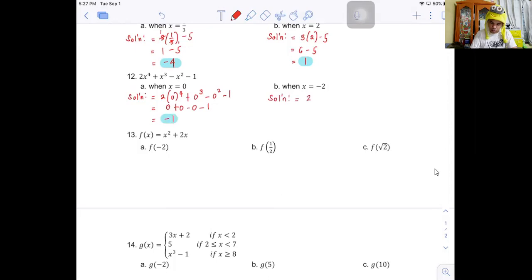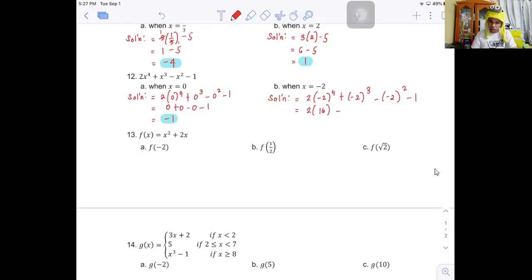So this is 2 times, so negative 2 na po, raised to the power of 4, plus negative 2 cubed minus negative 2 squared minus 1. Take note ha, bisag negative 2 ra na din ha, i-enclose na ko siya parenthesis kay dili na may sign yung nag-una sa iya and then napo siya exponent. So kailan na siya enclose. So hinahinayon nato na siya, that is 2 times negative 2 raised to the power of 4 is 16.